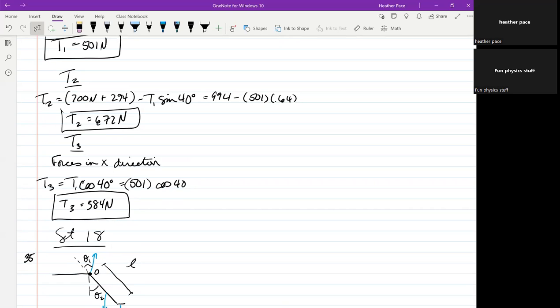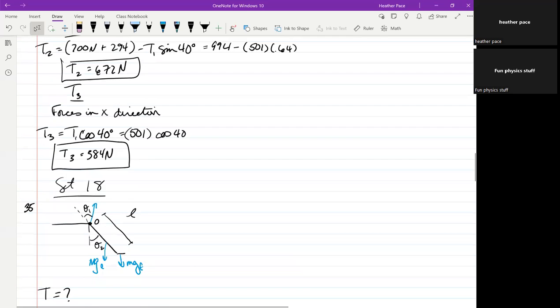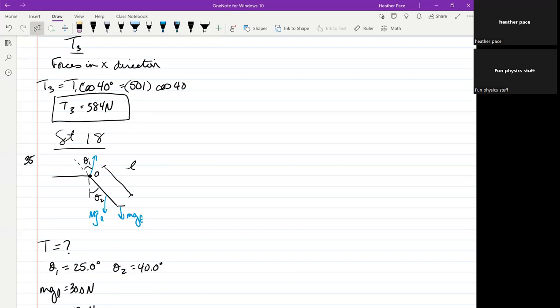T2 equals 70 N plus 294 minus T1 sine 40, equals 994 minus 501, T1 which we found above, times 0.64, and we end up with T2 equals 672 N. All right, so for T3, we're going to have T3 equals cosine 40 this time, because we're looking in the x direction.